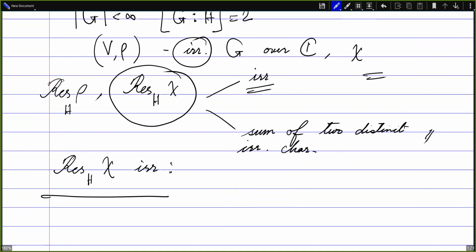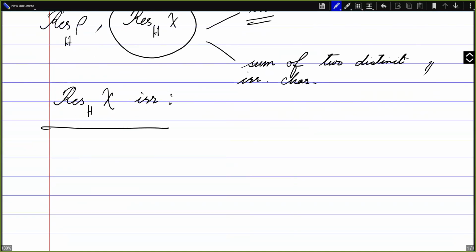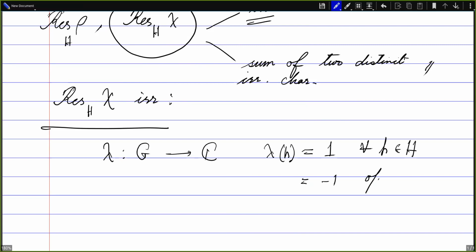So when we deal with the irreducibility of the restriction of chi, let us recall that whenever G has a subgroup H having index 2, then we have the following one-dimensional representation of G, lambda, which is 1 for every g in H, and -1 otherwise.